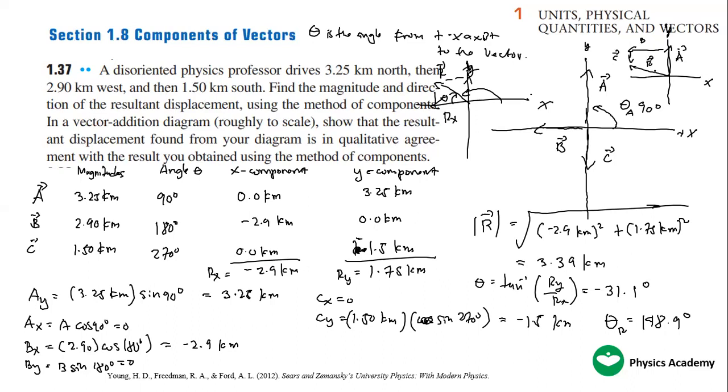If you measure that using the graphical method, your result must be about 3.4 kilometers, and the angle must be 31 degrees from the negative x-axis, or 148.9 degrees from the positive x-axis.